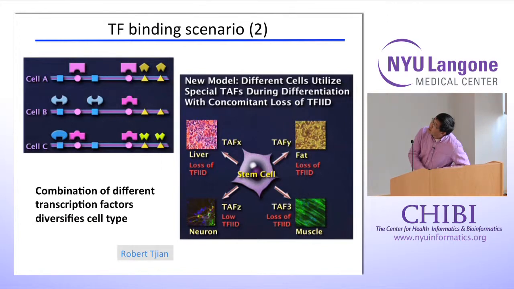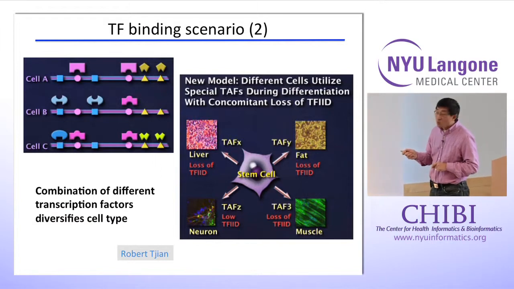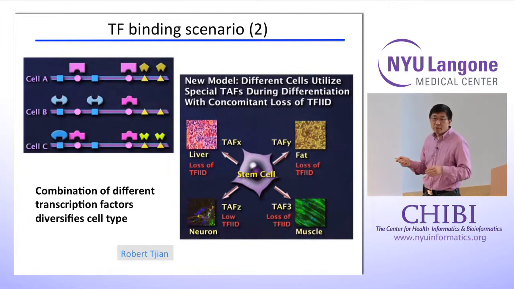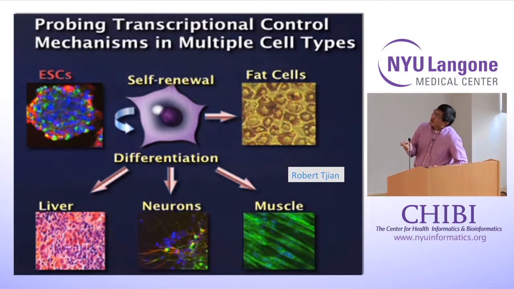The different transcription factor combinations will produce different types of cells. Probing the transcription control in different types of cells is really the next wave of biological studies. It's sort of cutting edge, the frontier that lots of people in this field are trying to approach.